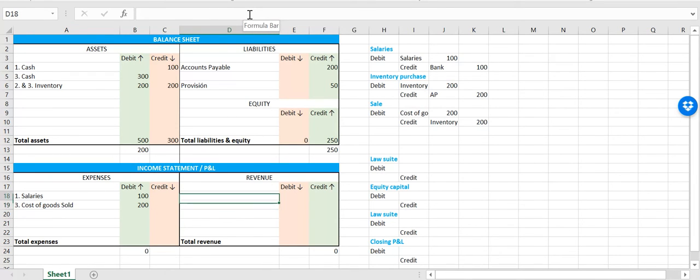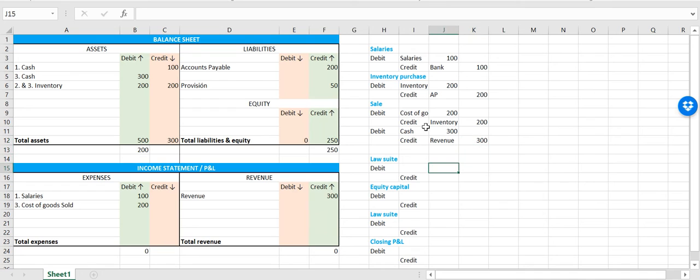So we have a debit, collected. I saw at least one or two mistakes over there. 300. Okay, so I'm gonna note that down too. That's debit cash 300 and credit revenue 300.